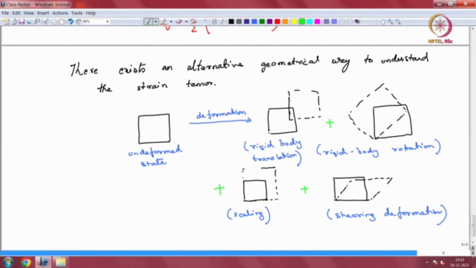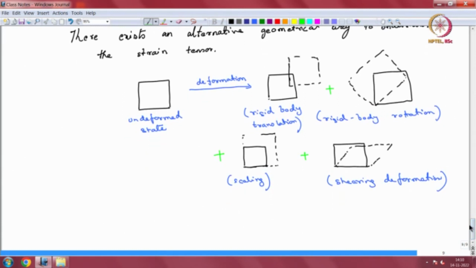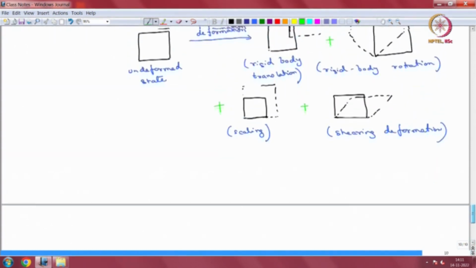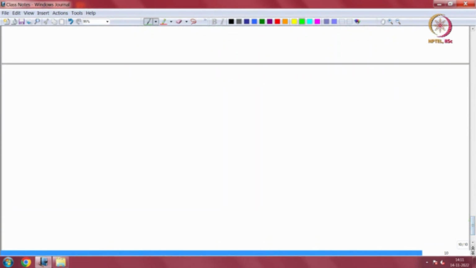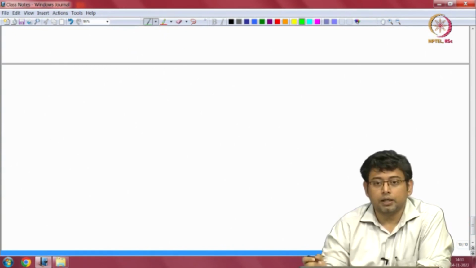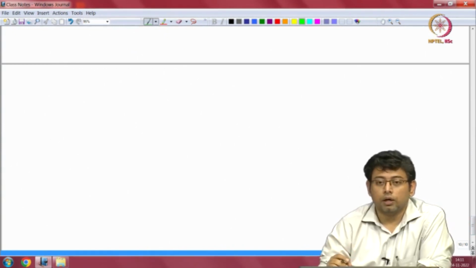Now we can easily understand that the rigid body translation is not going to affect the relative positions between any 2 points of the body by the definition of a rigid body translation. Similarly, for rigid body rotation, although the vector will rotate, so that will happen. So, although rigid body rotation looks apparently similar to the rigid body translation, it does end up changing the apparent position of the radius vector. In that sense, it ends up rotating that.